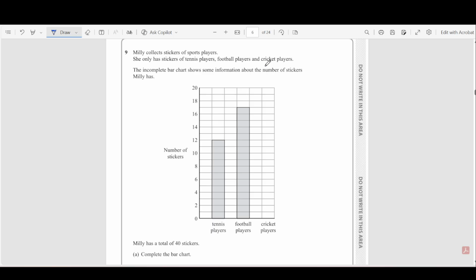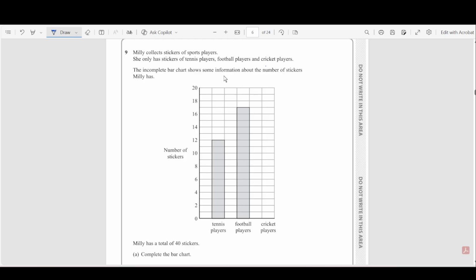So the bar graph is showing the number of stickers and different types of players. And then it says Millie has a total of 40 stickers, right? Different stickers are given, but for cricket players you can see there is no bar. The bar is not given. I think we need to draw it.